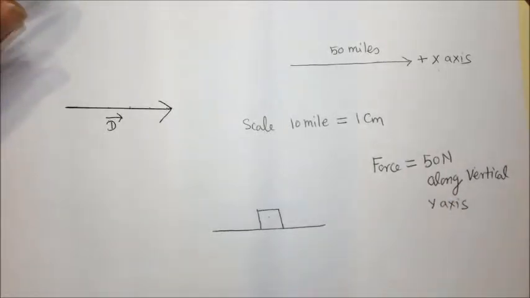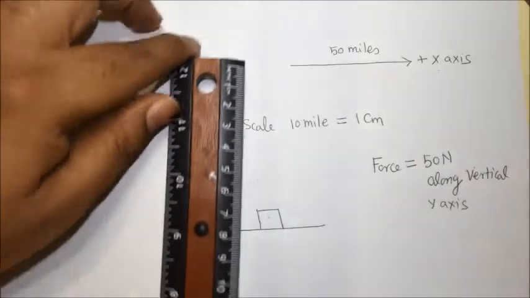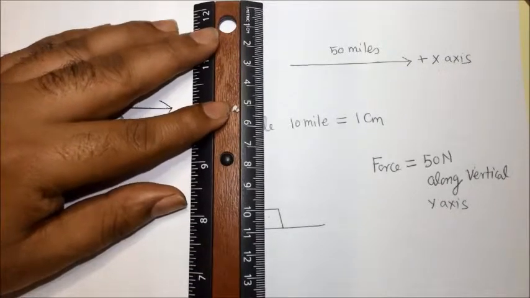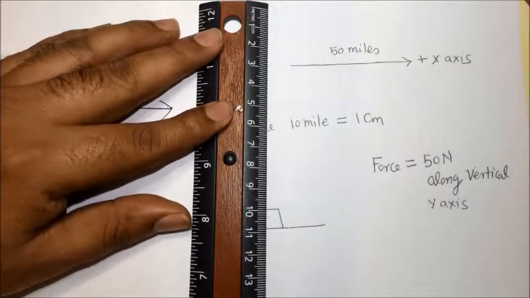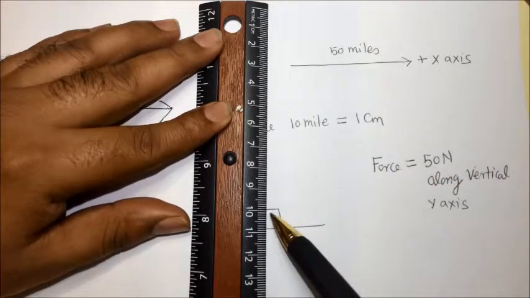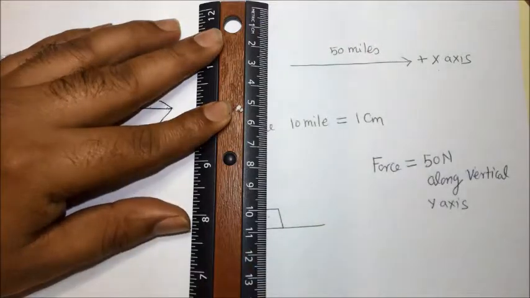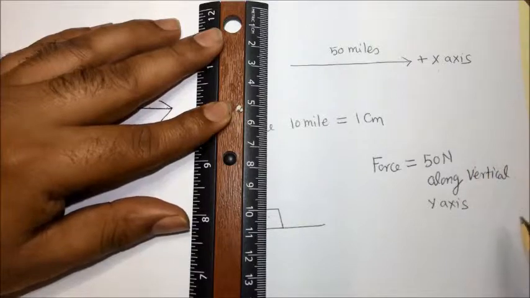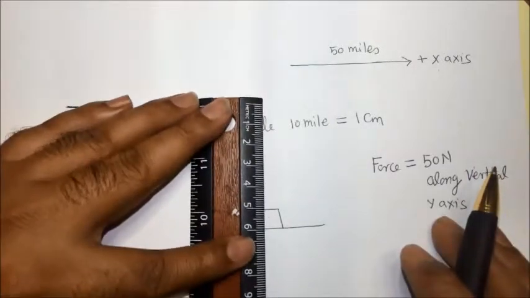So if I have to draw 50 Newton, I can choose a scale. If I choose 5 Newton as 1 centimeter, how many centimeters do I have to draw? Then I have to draw 10 centimeters. If I choose 5 Newton as 1 centimeter, then I have to draw a vector 10 centimeters long. If I choose 10 Newton as 1 centimeter, then I have to draw a 5 centimeter long vector.